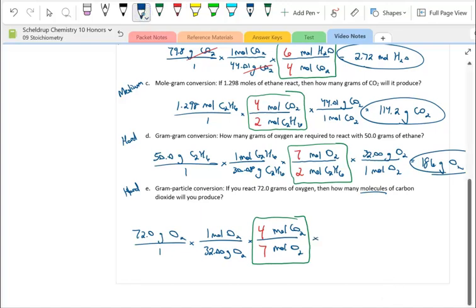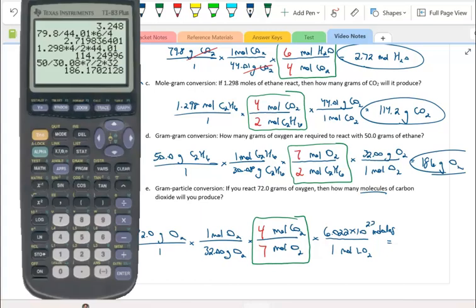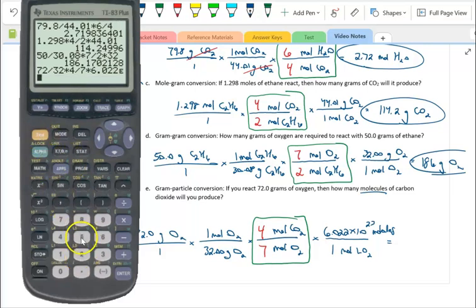Then my last step here, instead of looking up the molar mass of carbon dioxide, it wants to know how many molecules. Well, for every 1 mole of CO2, we have 6.022 times 10 to the 23rd molecules. This is Avogadro's number. So when I do this conversion now, again, same 4 steps along, I'm just going to type in 72 divided by 32 times 4 divided by 7 times 6.022 E23.